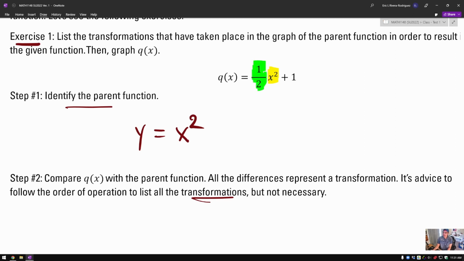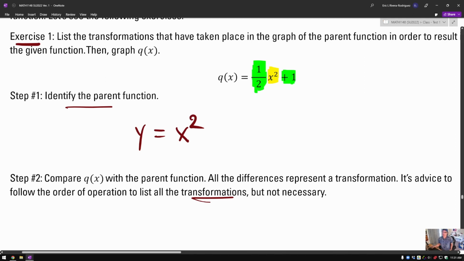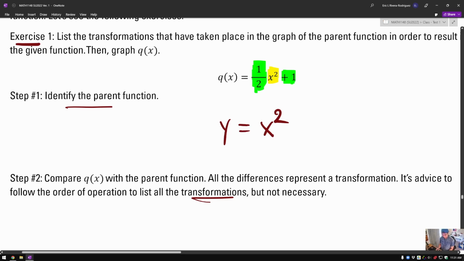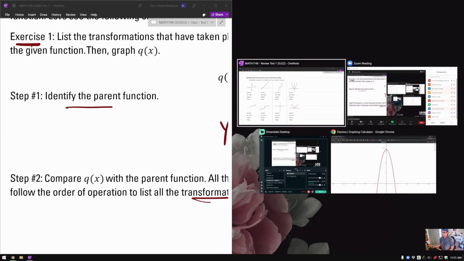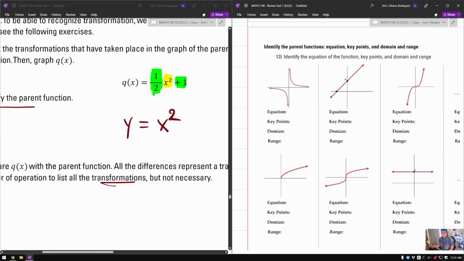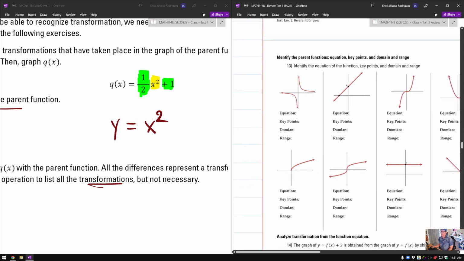In green, I am highlighting the 2 differences that we have between the parent function, y equals x squared, and k of x. Based on those differences, let me put this in this way so we can refer back to the document. This is what I want you to do.